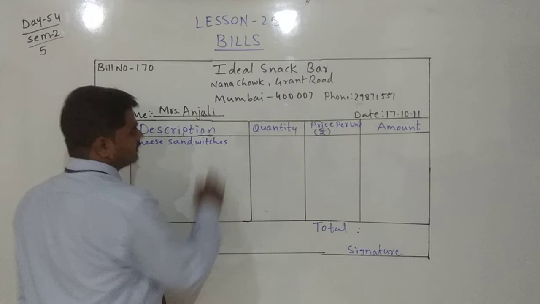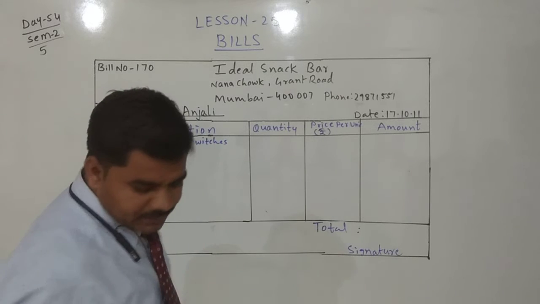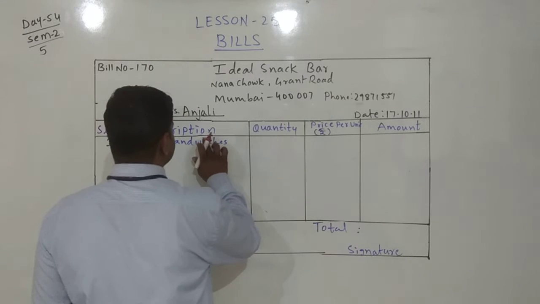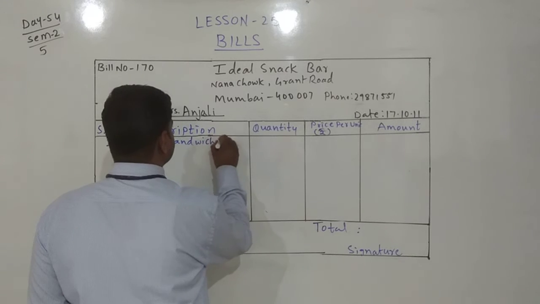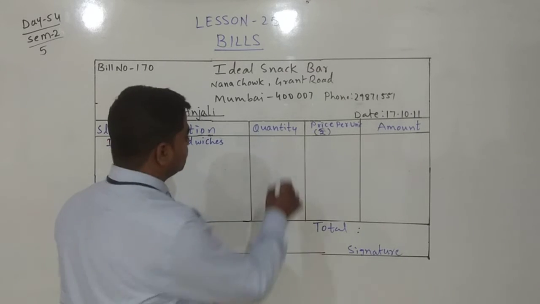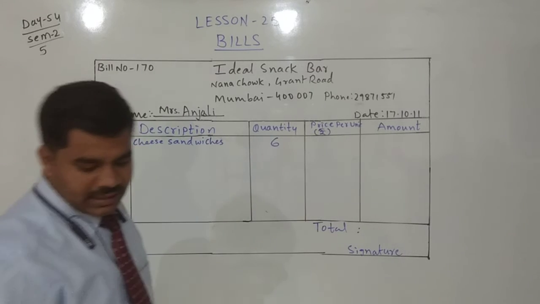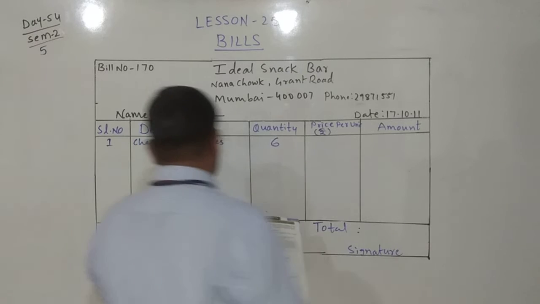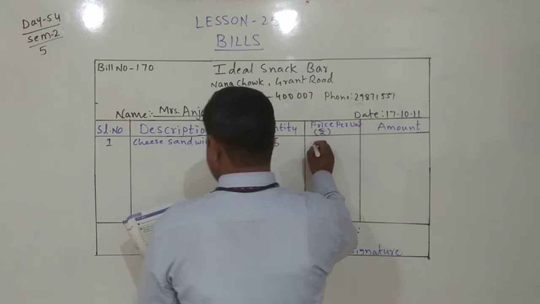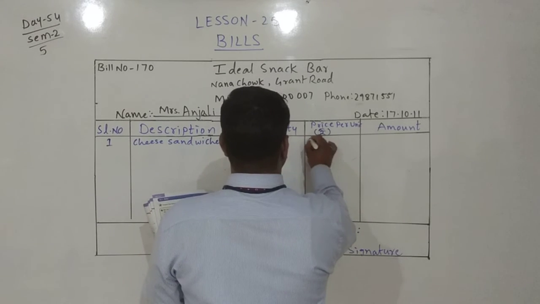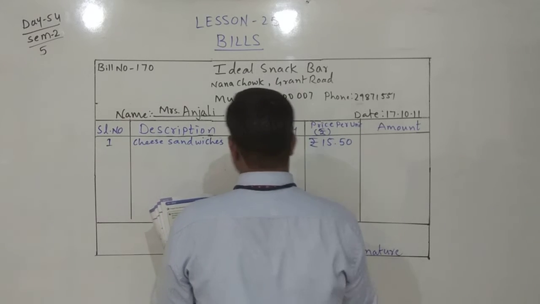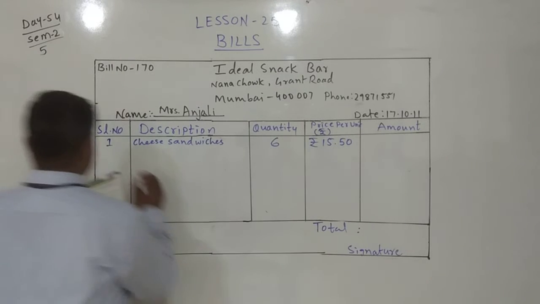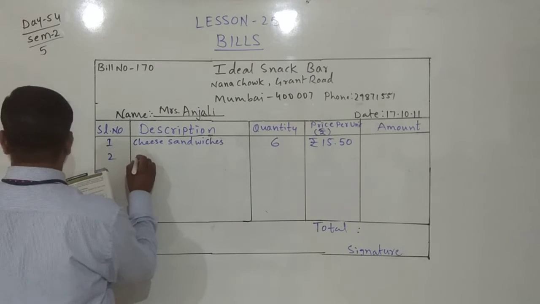How much did she purchase? Quantity 6. The rate per unit is 15.50 each.